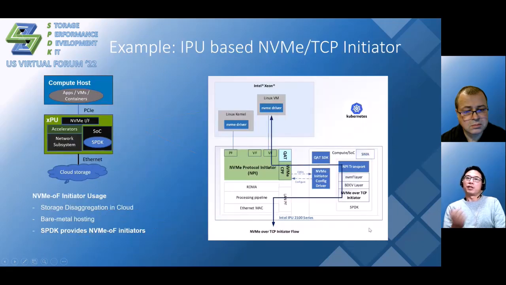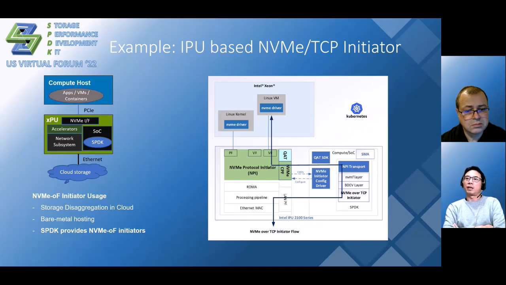The second picture is the initiator flow. This is trying to show you another example, using the Intel IPU, previously known as Mount Evans. The new name is the Intel IPU 2100 series. SPDK is fully leveraged in this picture as well.